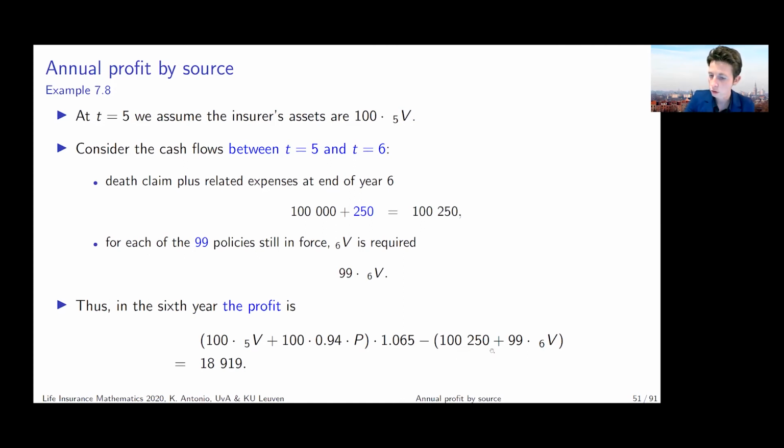So here we also take into account the actual realizations: the actual amount of death benefits we had to pay, the actual expenses, and the actual number of survivors.